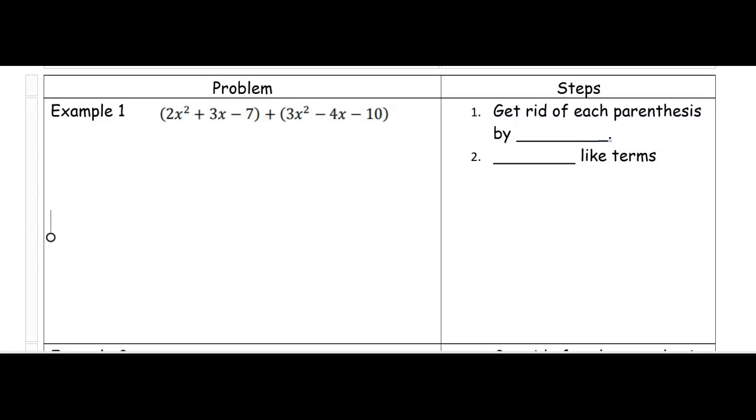For the first parenthesis, the number in front of it is an imaginary 1. We know 1 times everybody is everybody themselves. Nothing's changed, right? So you just need to take the inside out.